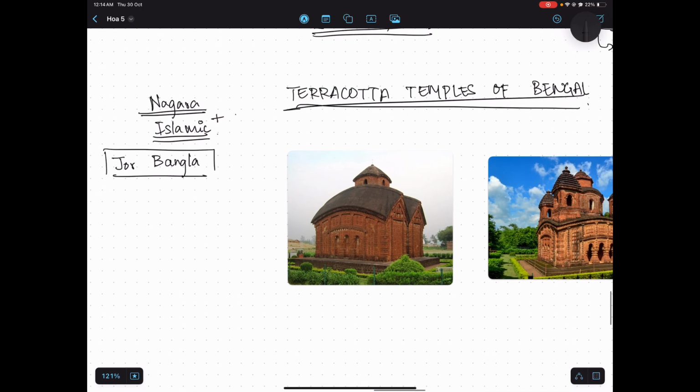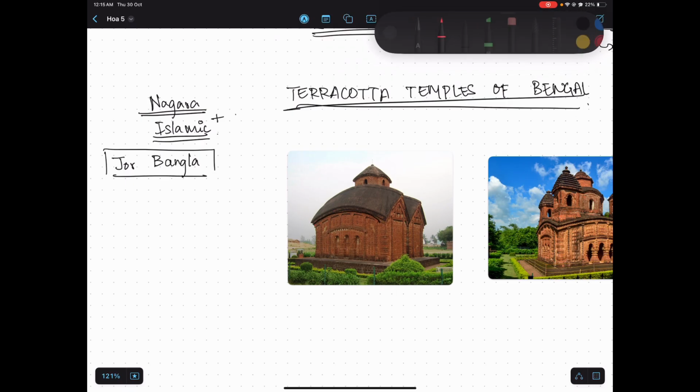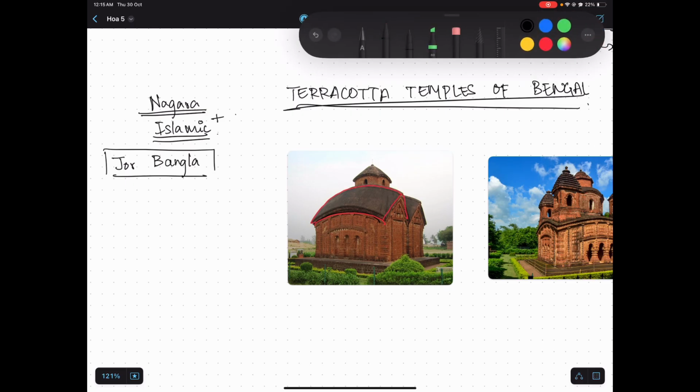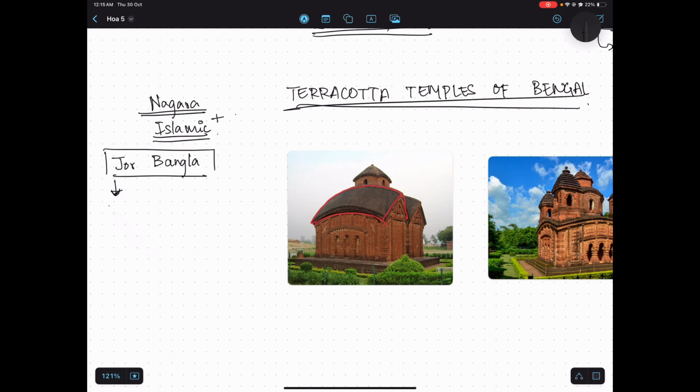Jor Bangla are the temples that had a curved roof, and this curved roof is said to be inspired by the local residential roofs that are made of bamboo.